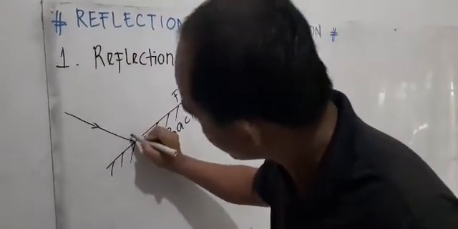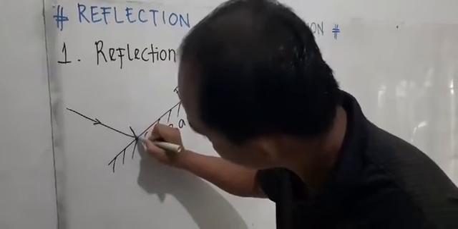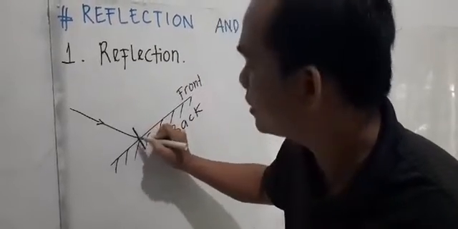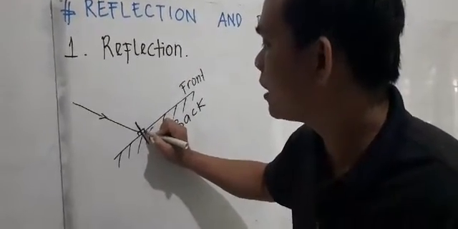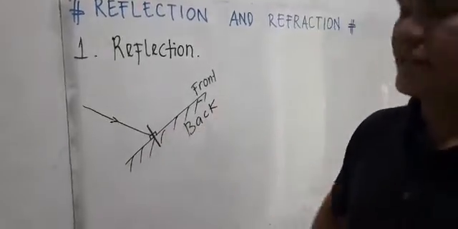The first that we have to draw is the normal. The normal line is the line that is perpendicular to the surface of the area.